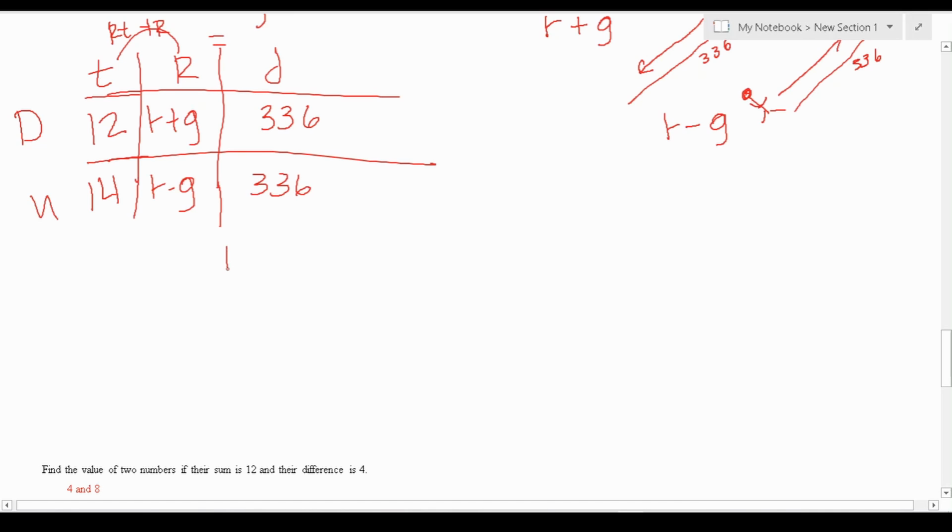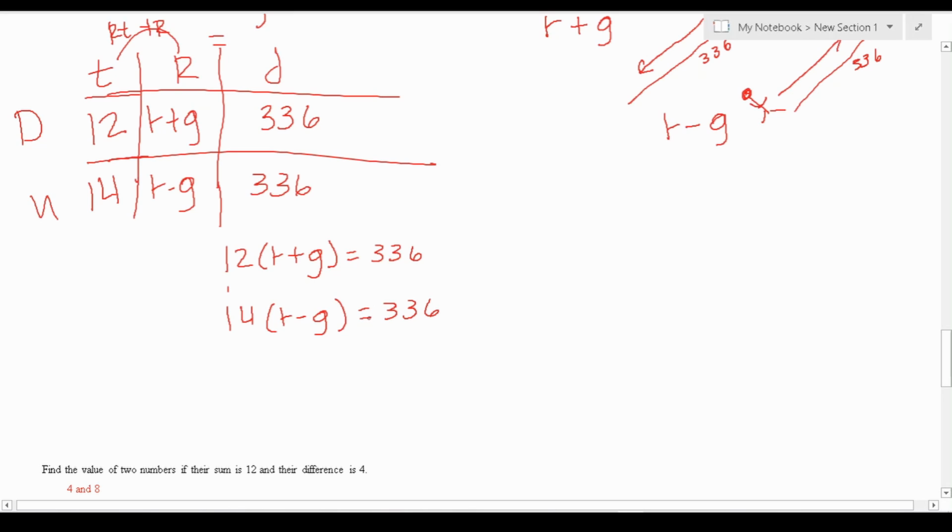We have 12 times R plus G equals 336. And here we have, and let me give myself some space, 14 times R minus G equals 336.